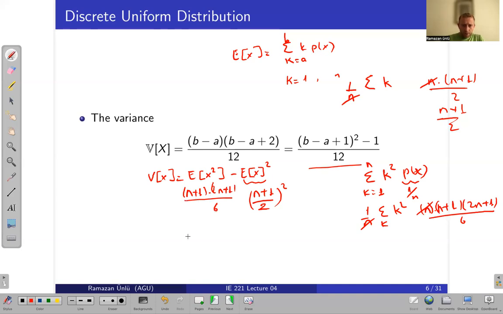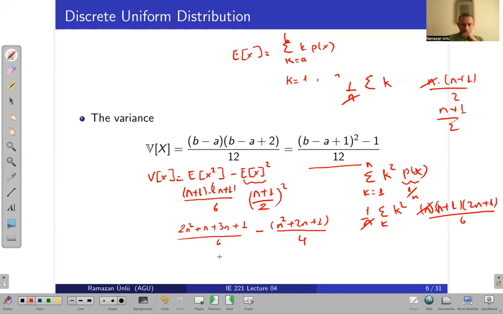So this part is 2n squared plus n plus 3n plus 1 over 6, minus (n plus 1) squared over 4.